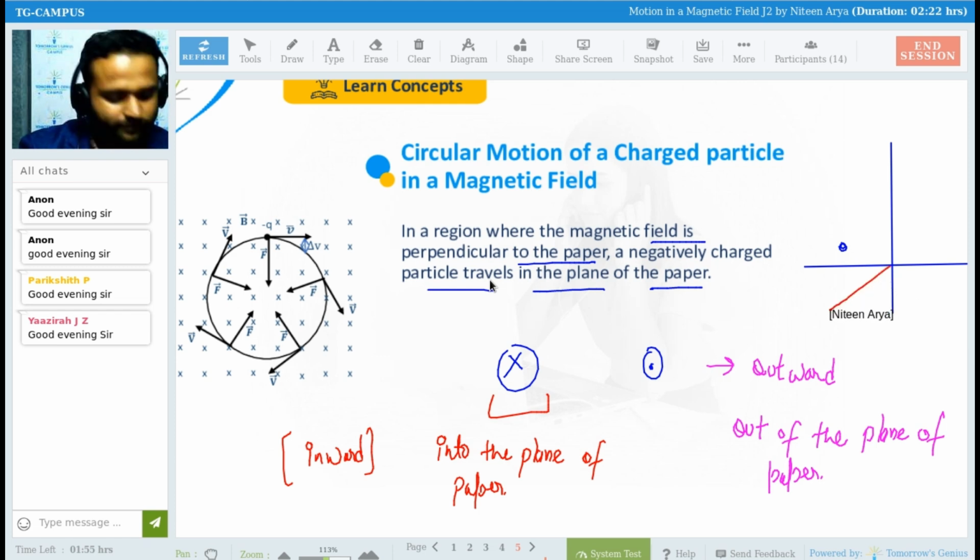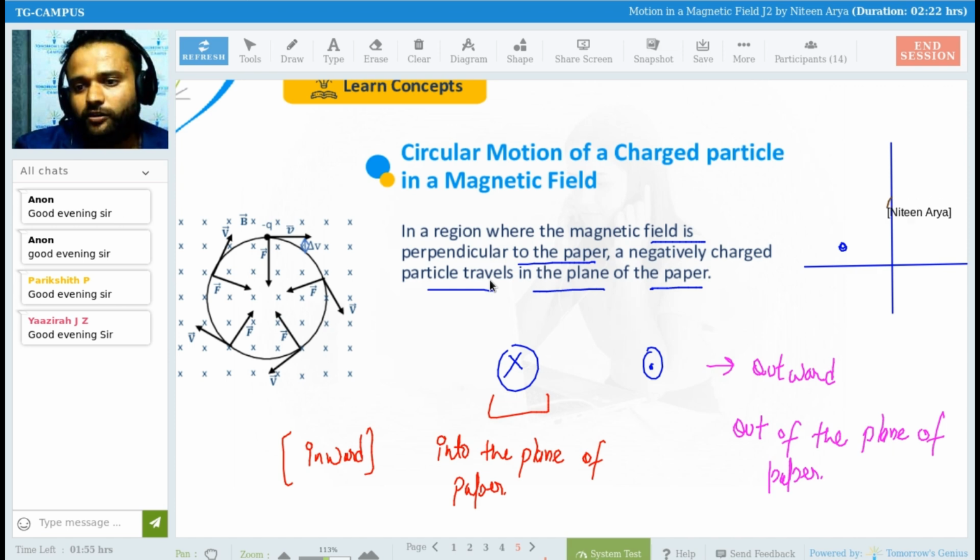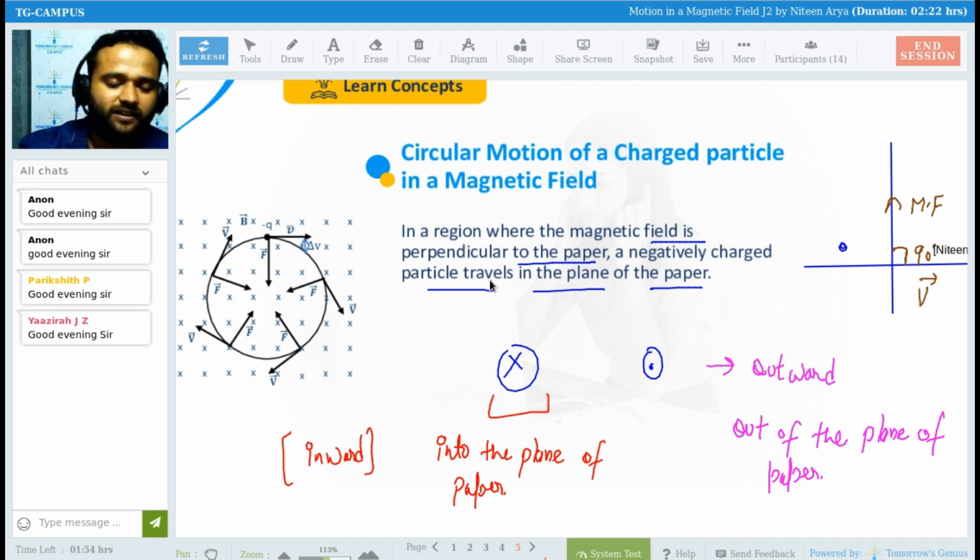Either your magnetic field is in this direction or in the below direction. Whenever the velocity is in the horizontal direction, it is the perpendicular case. And we know in the perpendicular case, theta is 90 degrees, it starts rotating in a circle like this. As simple as that.